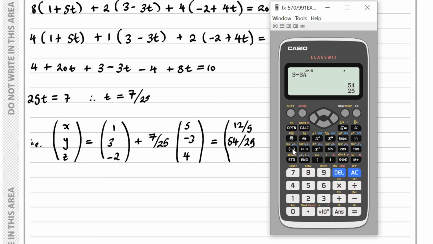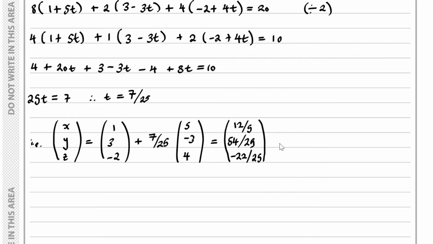And finally we've got minus 2 plus 4a, which is minus 22 over 25. So we can therefore conclude our coordinates, we've got 12 over 5, 54 over 25, and minus 22 over 25.